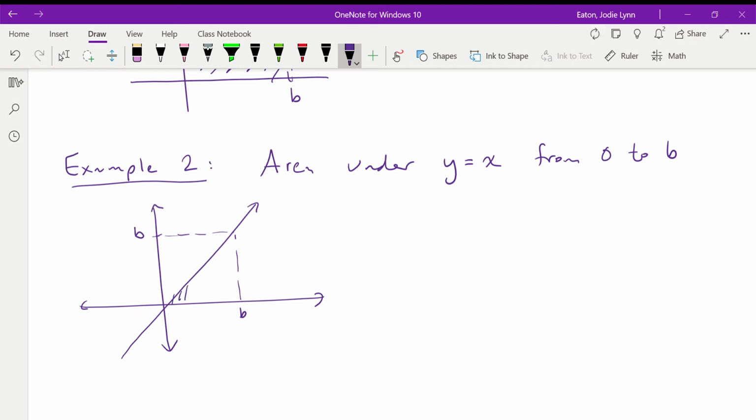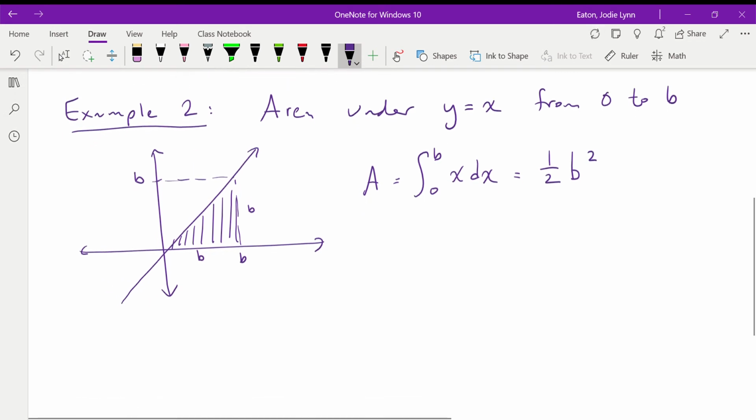So we're looking at this triangular area here. So this length is b, this length is b. Our area is the integral from 0 to b of x dx. And that's equal to 1/2 b squared. Okay, because it's a triangle, so b squared divided by 2, or 1/2 b squared.